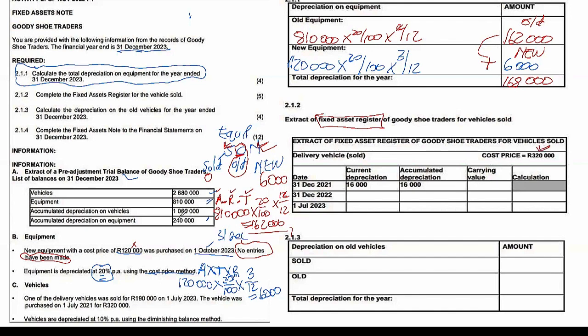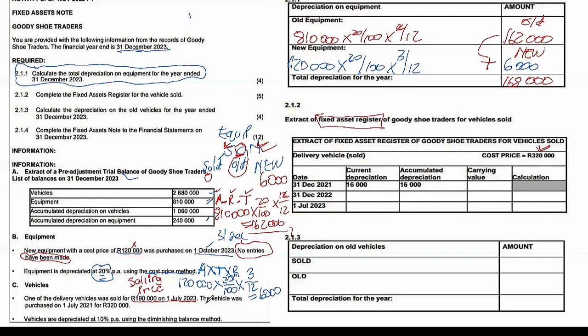When we look at information C, one of the delivery vehicles was sold for 190,000 on 1st July 2023. That 190,000 is our selling price.